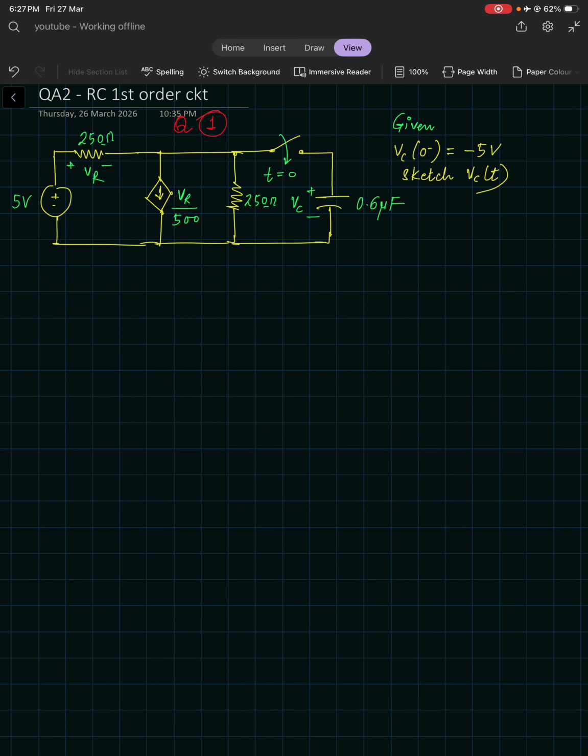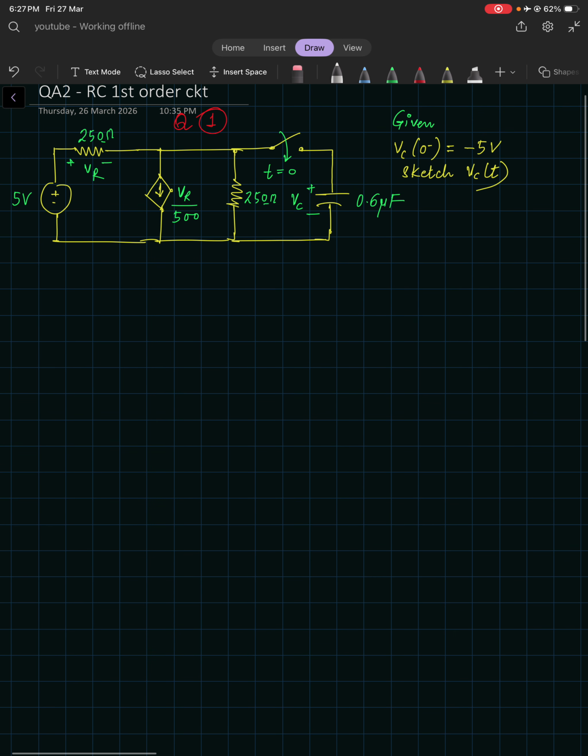Let me take this white color. You can see there is one capacitor and the initial condition is given: it is charged to minus 5 volts. There is a switch, which will be closed at t equal to 0.